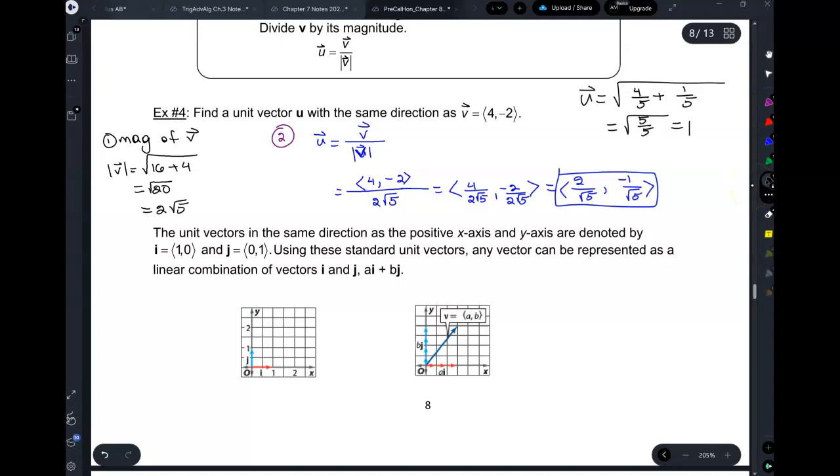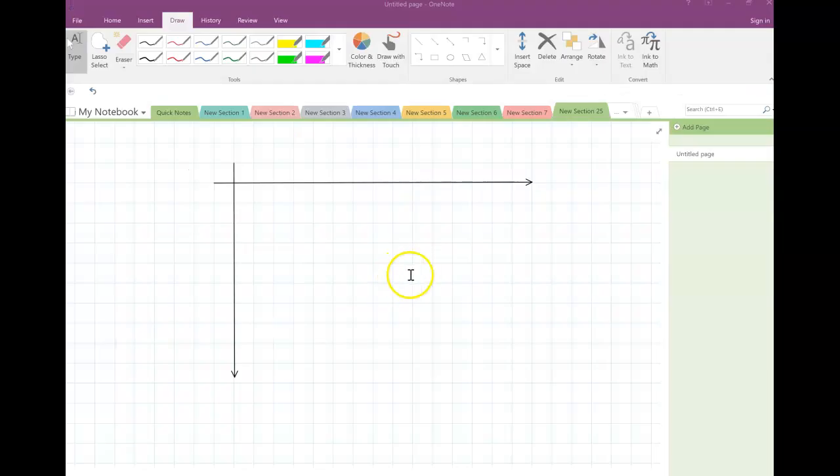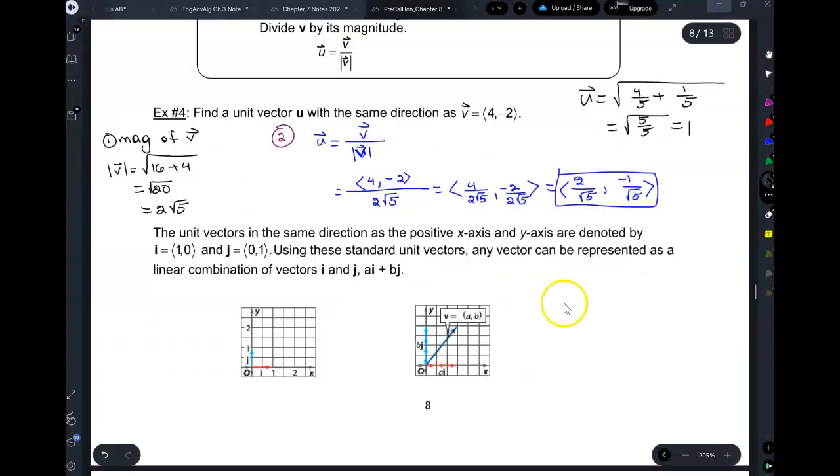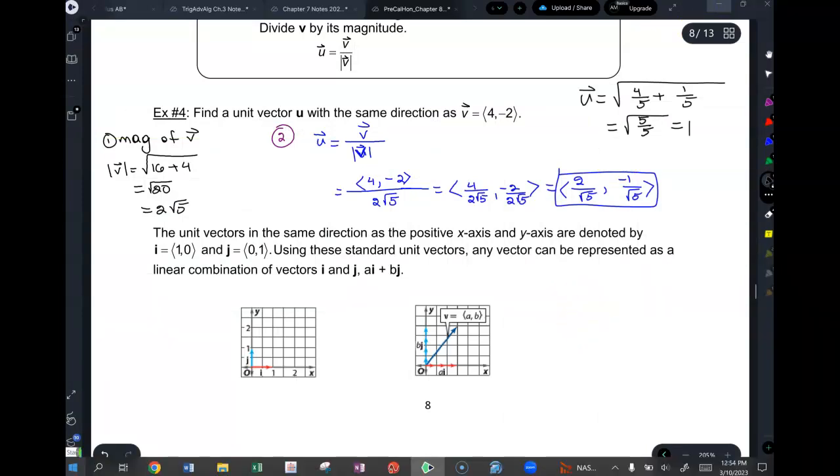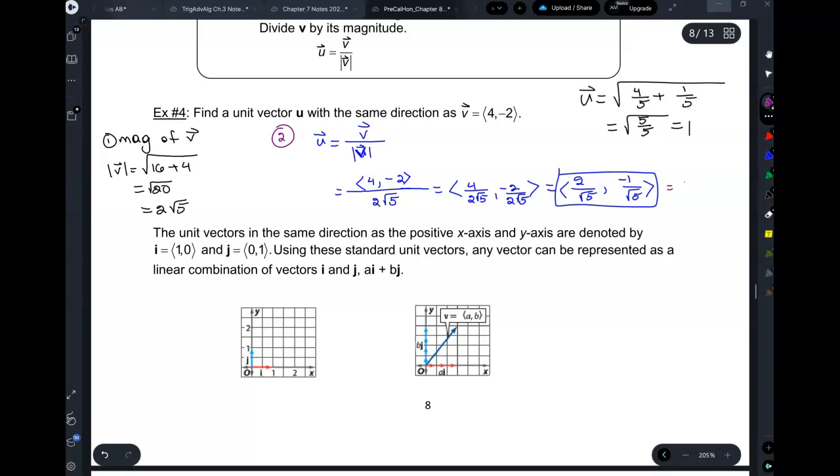So now we're going to do something else. Because now you're like, oh my God, Miss Malikan, there is no way that is a unit vector. So let's see. Okay, we are going to test this out. Can somebody please put these in the calculator and get decimals?